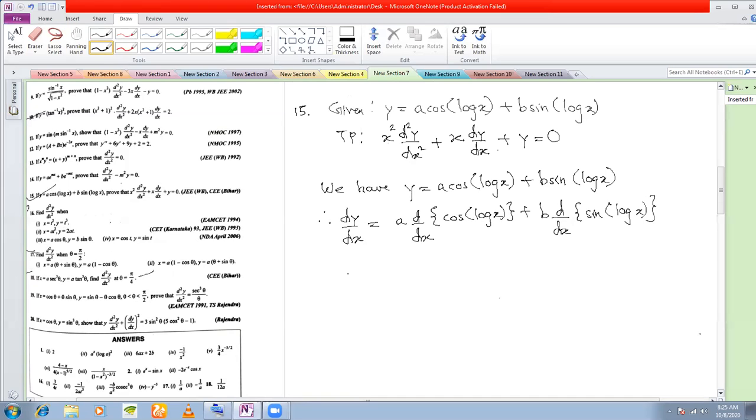Okay, so now here. How do you differentiate cos log x? You first differentiate cos to get minus sine, and then you differentiate log x to get 1 by x, plus b. Again, first you differentiate sine to get cos log x, and then you differentiate log x to get 1 by x.